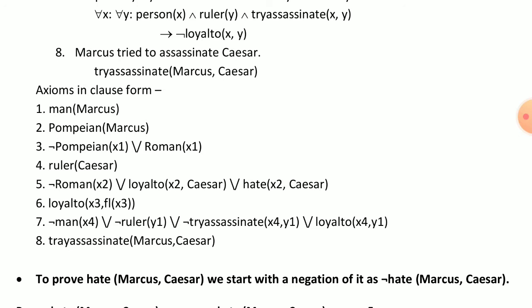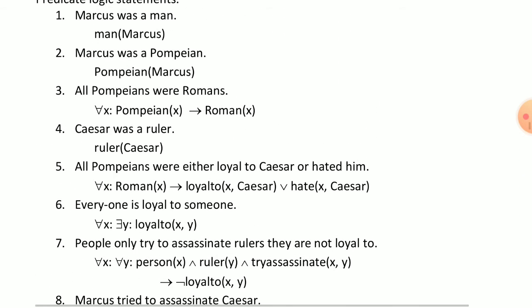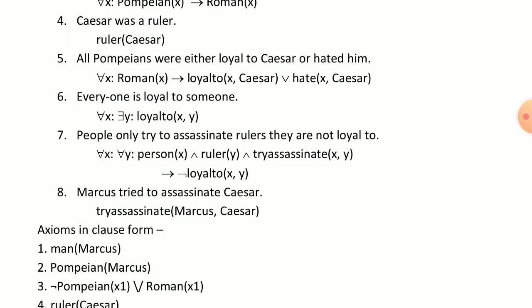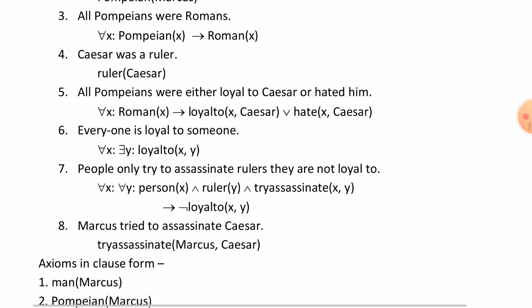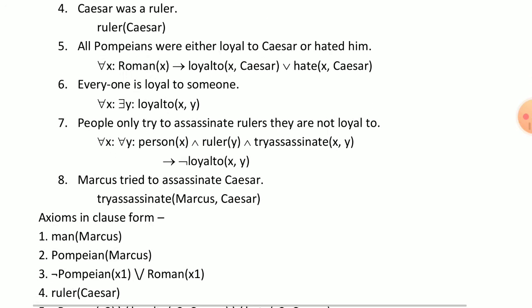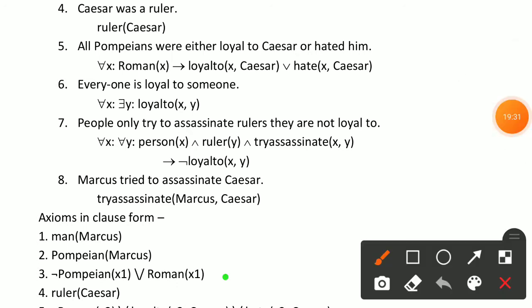For the first sentence, Marcus was a man, we can write man in bracket Marcus. Then second is Marcus was a Pompeian, so we can write Pompeian in bracket Marcus. Third is all Pompeians were Romans, so we can write not Pompeian x1 or Roman x1.